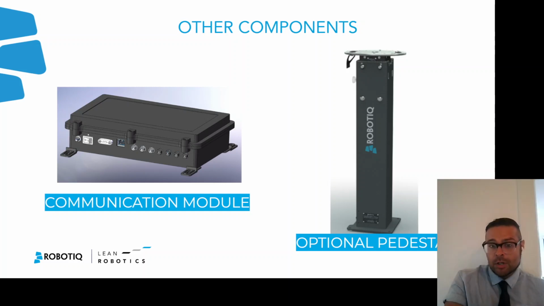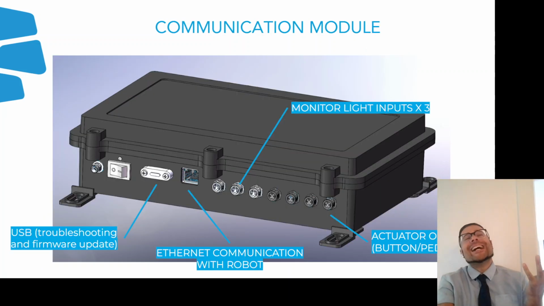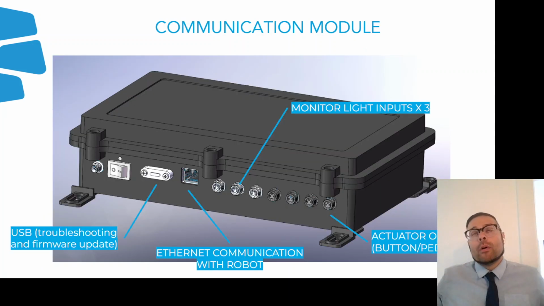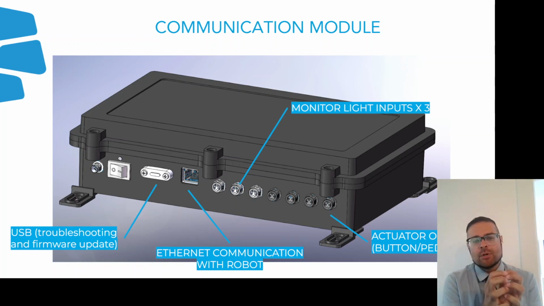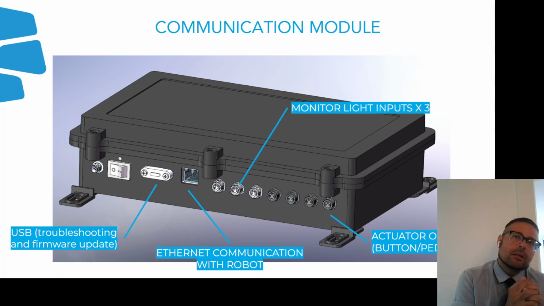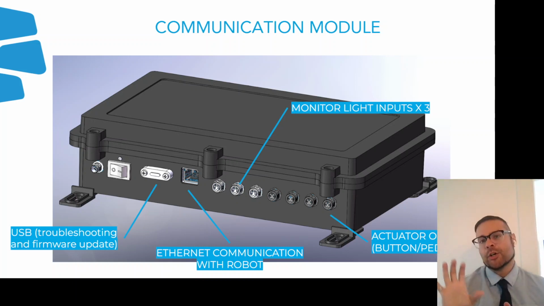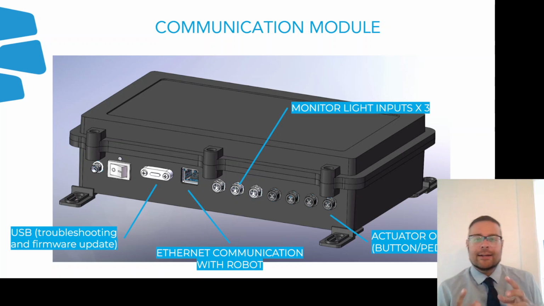Now that communication module, what does it contain? So the idea is we wanted to have all of the devices connected to that communication module to reduce the number of connections that have to be done on the robot. So we just connect everything here from left to right.